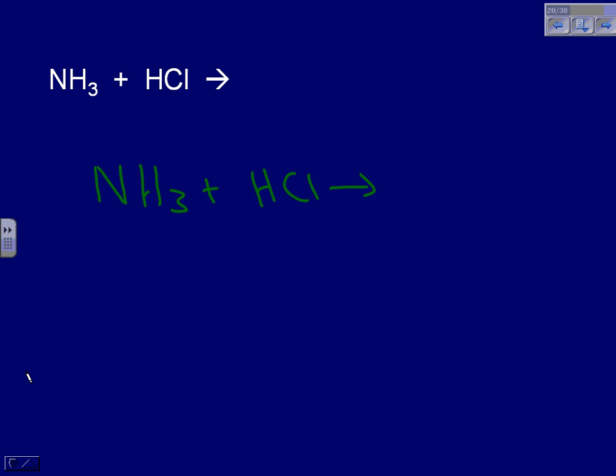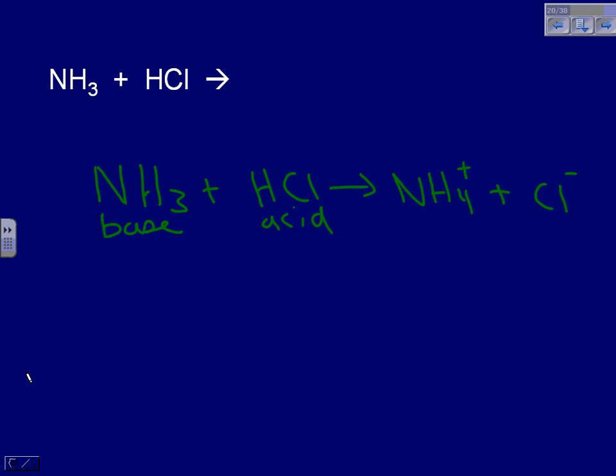Yep. So we're going with NH4 plus Cl minus. I like that. Now let's put some labels under these things. What was the NH3? The base, the acceptor. HCl? Once you know one, you've got the other. Acid.